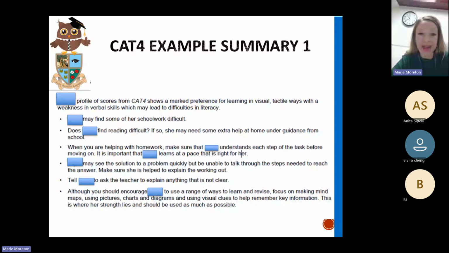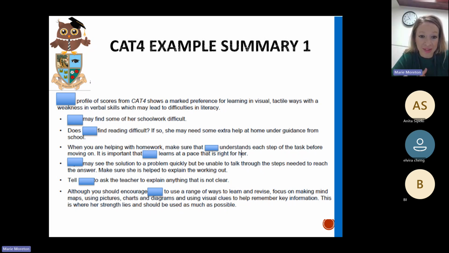This child has more of a spatial ability. They have a spatial bias. So they might be able to solve a problem quickly, but they can't explain to you how they solved the problem or how they reached the answer. Maybe they won't be able to show any working out, so they might need a bit of extra support with that.